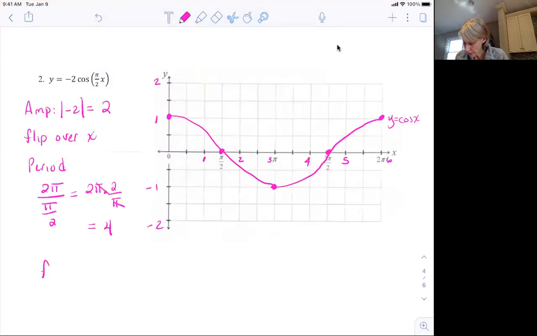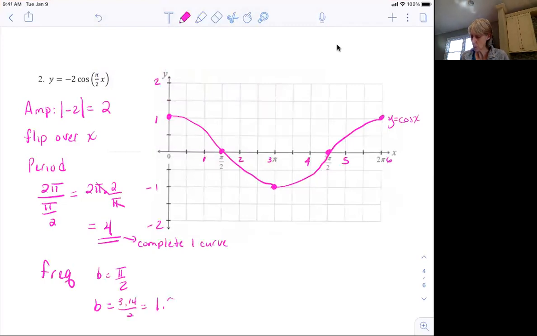And our frequency is B, which is pi over 2. So we're going to complete one curve by 4. And we're going to see, well, what is pi over 2? That's 3.14 divided by 2.